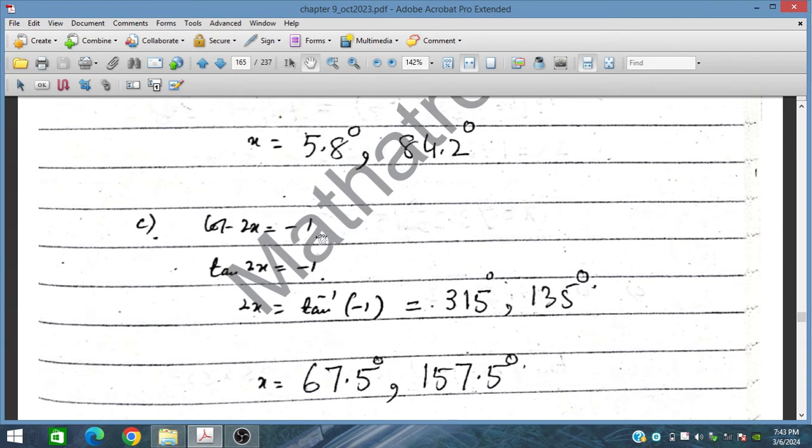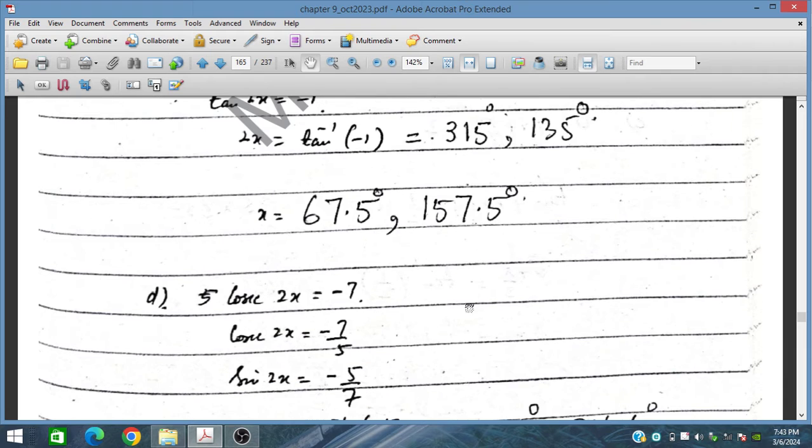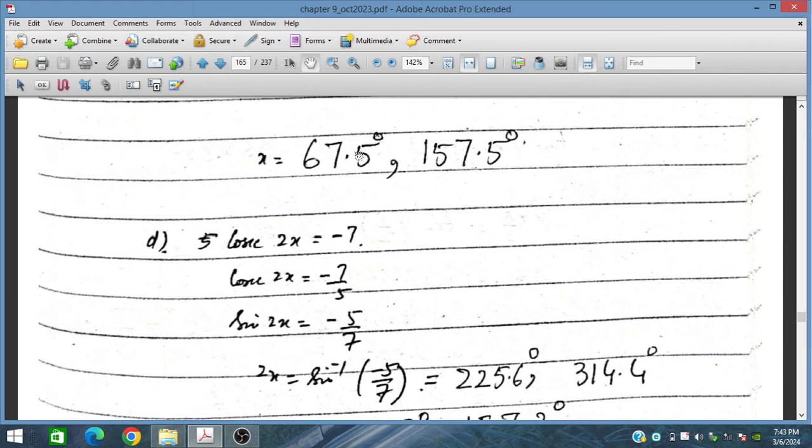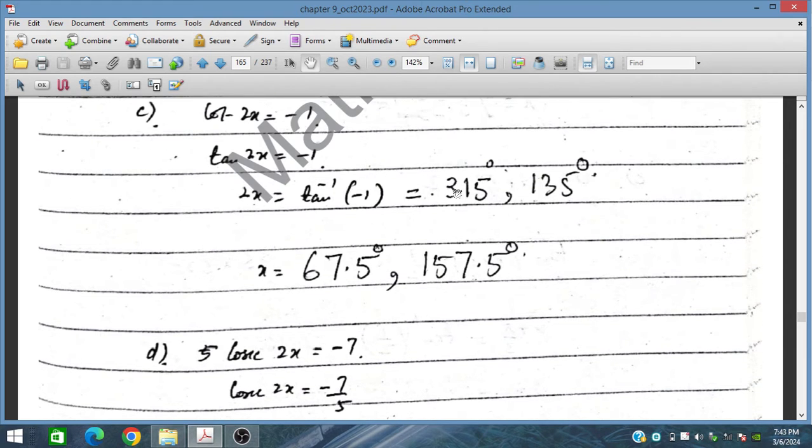Similarly for C, cot 2x is equal to minus 1, so tan 2x is equal to minus 1 over 1. Tan inverse is negative in the second quadrant and the fourth quadrant. So this is the second quadrant and this is the fourth quadrant. So we will divide these by 2, and we will have 67.5 degrees.